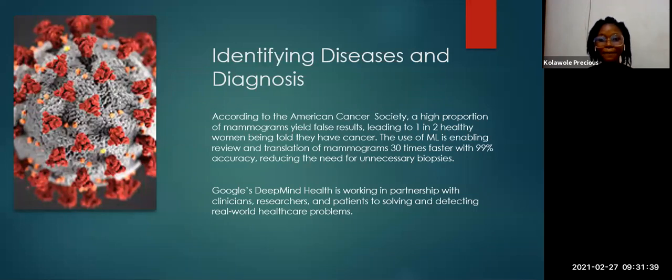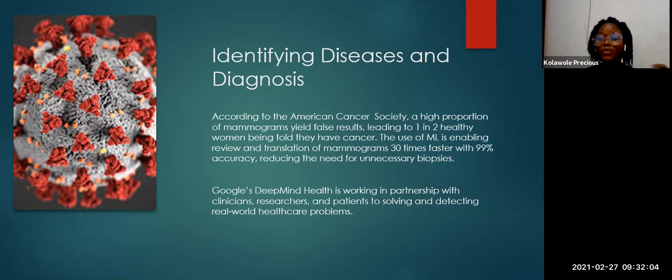According to the American Cancer Society, as displayed on the slide, they made a report about how a high proportion of mammograms are yielding false results. This is leading to one in elderly women being told they have cancer without having it. And then we can know what the cost of that is going to be.